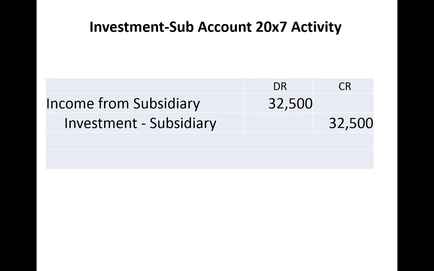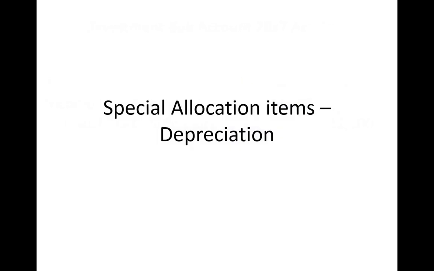So we're going to debit income from sub, credit investment in subsidiary for $32,500, and we'll do that again. We're in the equity method of accounting. This leads us to the new item in this learning objective, and that is depreciation.